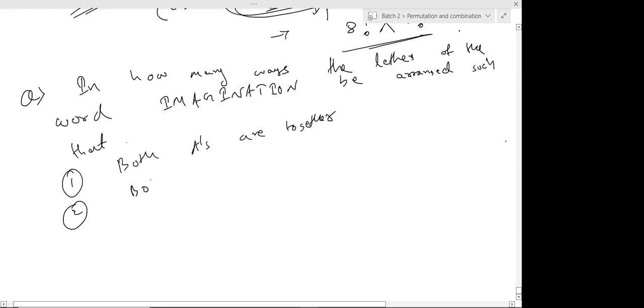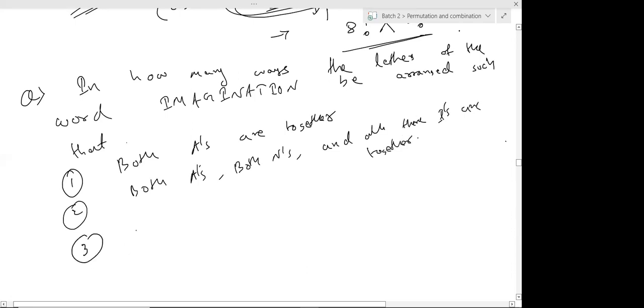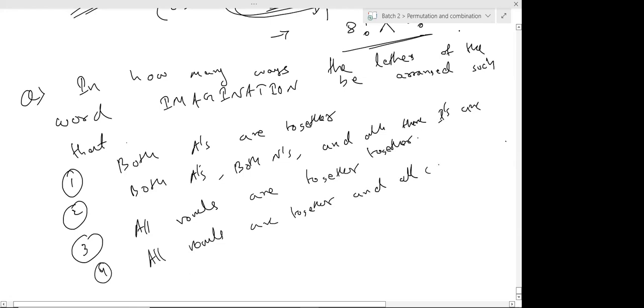Second part, both A's, both N's, and all three I's are together. Third part, all vowels are together, and fourth, all vowels are together and all consonants are together.